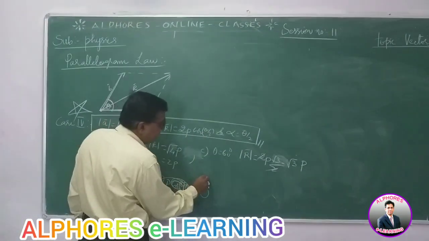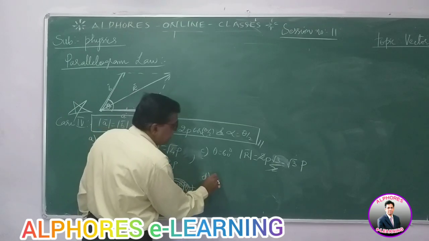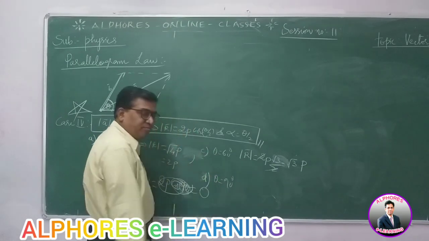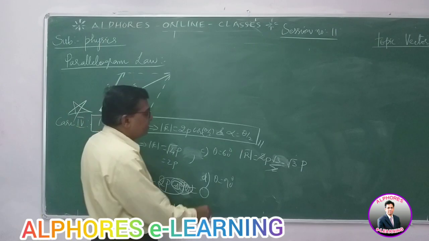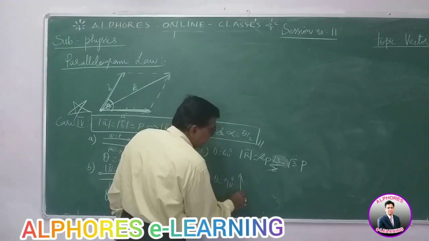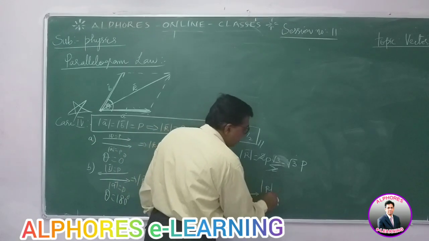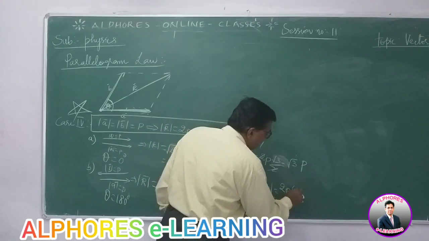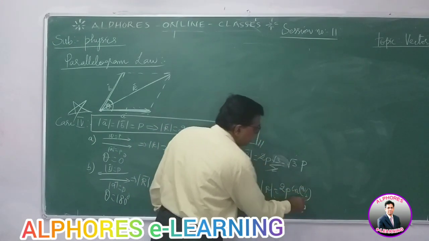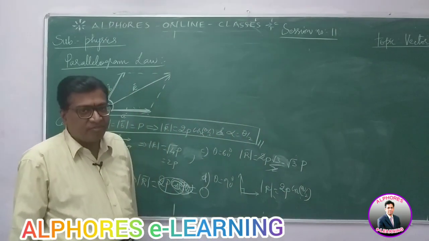Next case, let theta be 90 degrees. Perpendicular, right? If the vectors are perpendicular like this, then mod R is 2P cos of 90 by 2. 90 by 2 is 45 degrees.